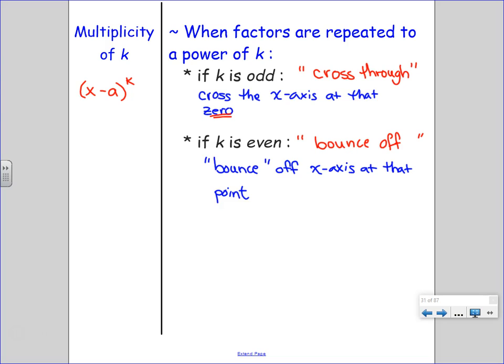You know that outright. And if the factor is even, you're going to be bouncing off the x-axis at that point. I should say at that 0, because from the factors, we find zeros, right?